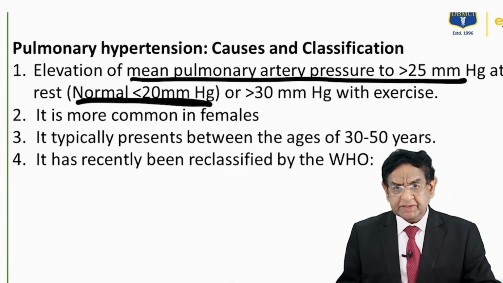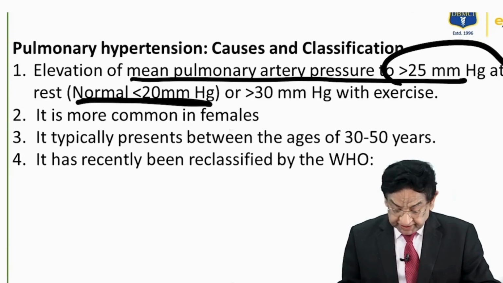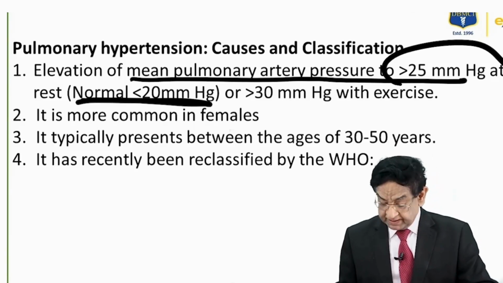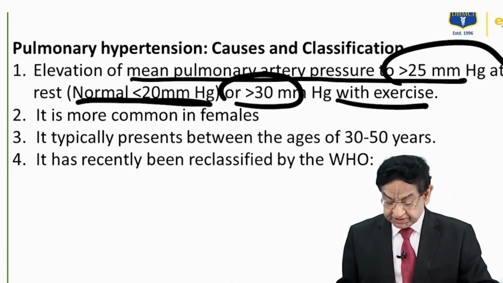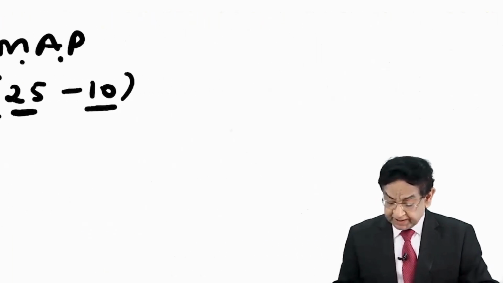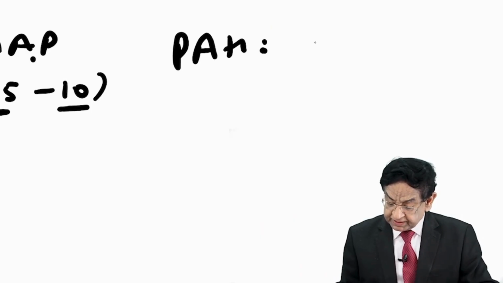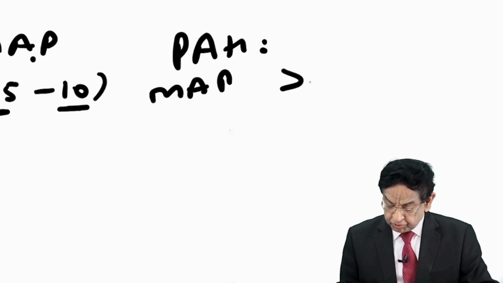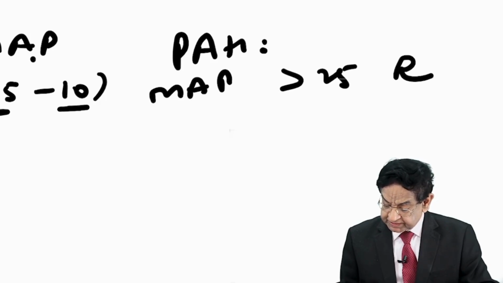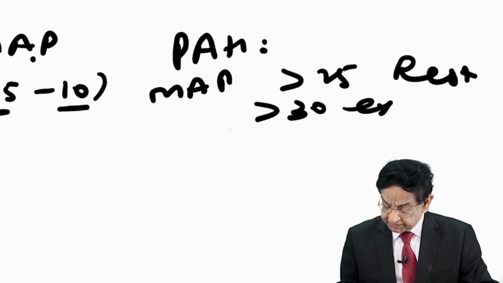But if the pressure goes above 25 at rest and more than 30 in exertion, this is pulmonary arterial hypertension. So PAH is when the mean arterial pressure is more than 25 at rest, more than 30 in exertion.